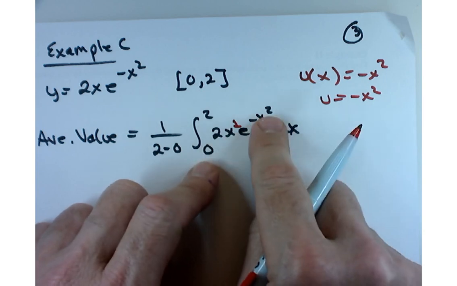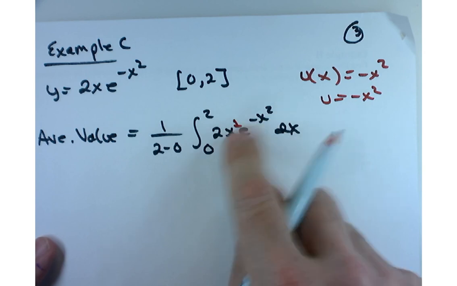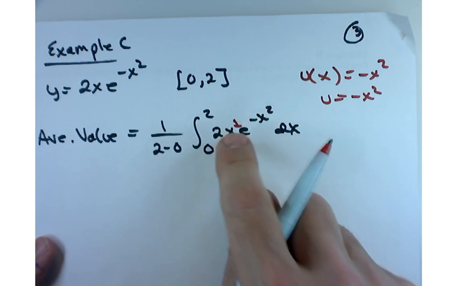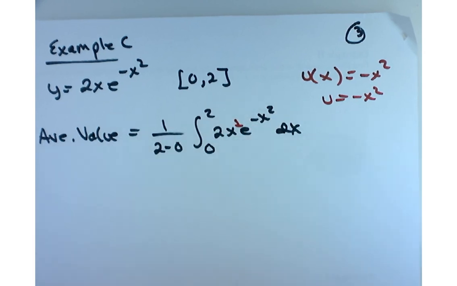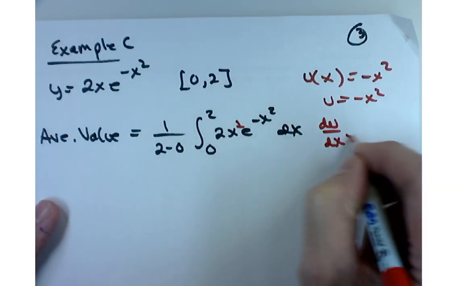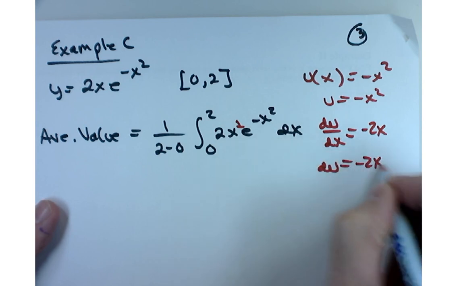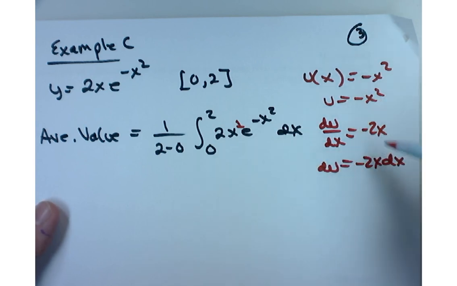And so when I differentiate something with a power of 2, I get something with a power of 1. It's nice to see that derivative in here, at least in some form. So du by dx equals negative 2x. So I'm actually showing all the dirty work this time. Differentiate, and then multiply by dx.